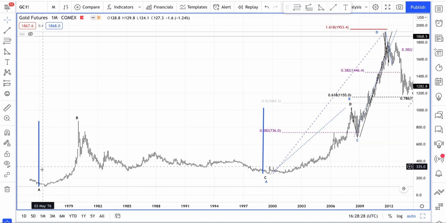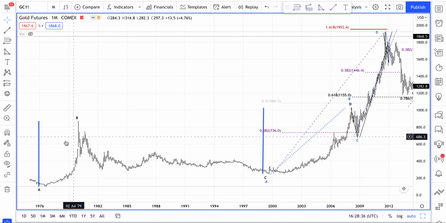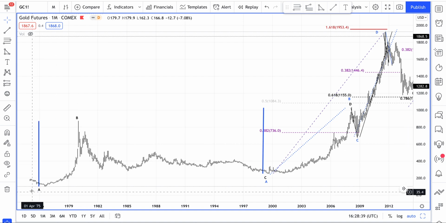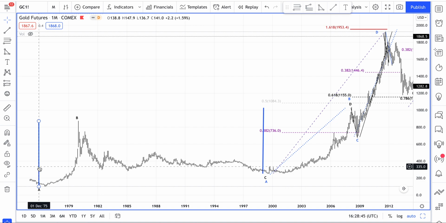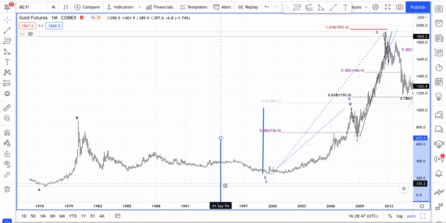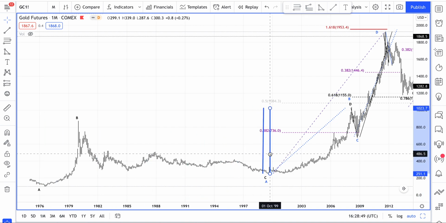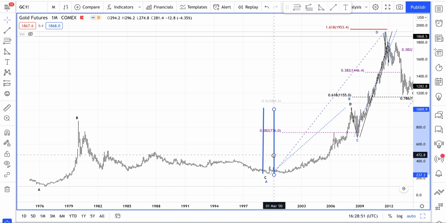Let's take this point as point A, which was the lowest point observed in 1976, and this is the high of 1980, and we take a line segment of it, AB, and then project it from this point, which was reached sometime in 1999.